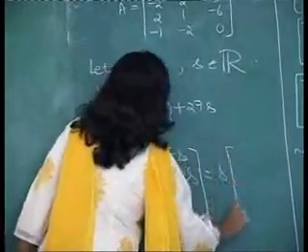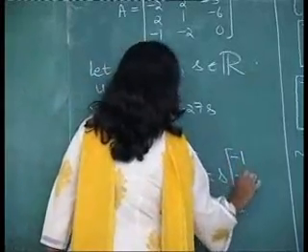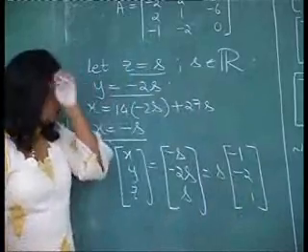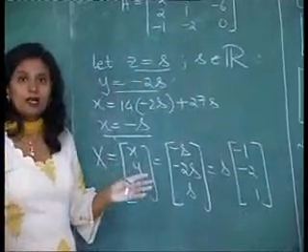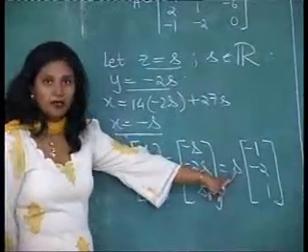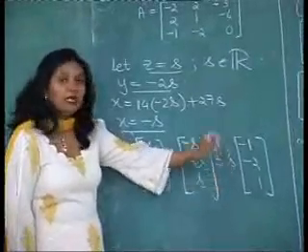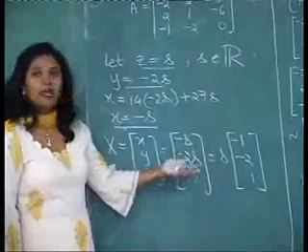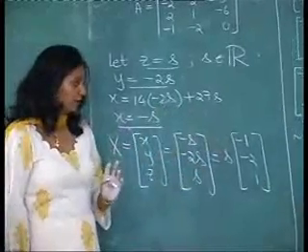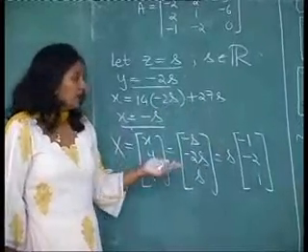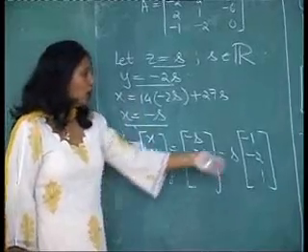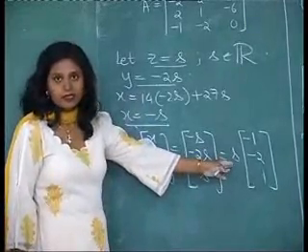So that is s times (-1, -2, 1). So you will notice that because of this free variable, there are infinitely many eigenvectors corresponding to the eigenvalue lambda equal to 5. If you are just interested in one eigenvector, you can accordingly put a value for s.